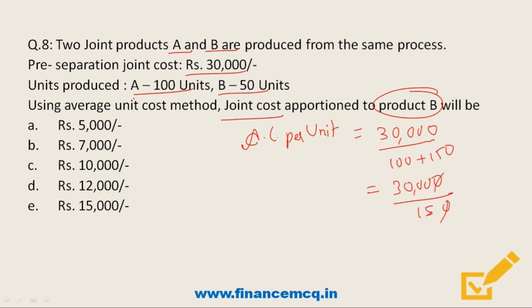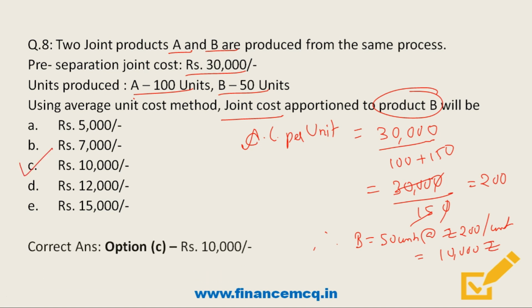So if we solve this, it will come as 200. So friends, in the given question we have to calculate joint cost of product B. So joint cost of product B, which is produced of 50 units, so 50 units at the rate of rupees 200 per unit. So that will come to 10,000 rupees. So the correct answer is option C, 10,000.